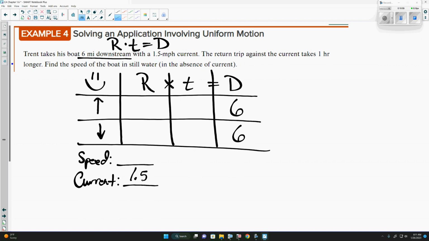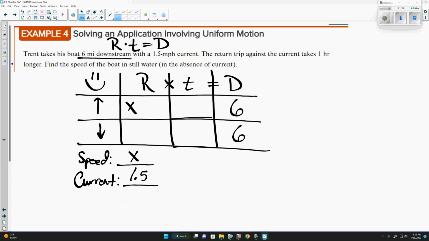The return trip against the current takes 1 hour longer. Find the speed. Okay. So we know whatever time it took to go downstream is going to be 1 hour longer than upstream, yes? Okay. We know the speed of the boat is what? X. Now, rate.